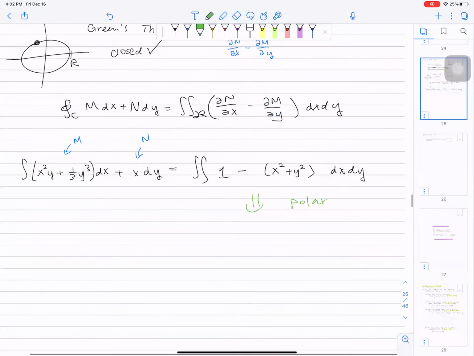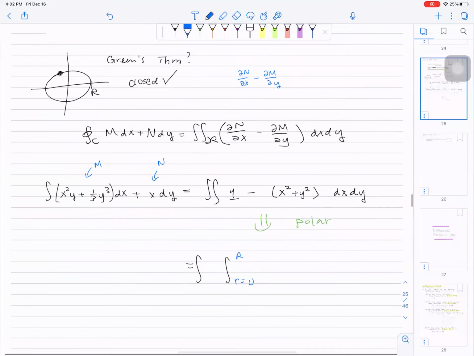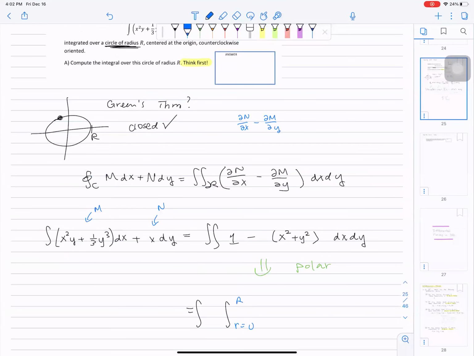Okay, what happens when I convert to polar coordinates? I have an entire circle of radius r. So r starts at 0, and it goes to the radius. The radius they gave me is capital R. Theta, we have our entire circle, so theta goes from 0 to 2 pi. And then we have to change our integrand.